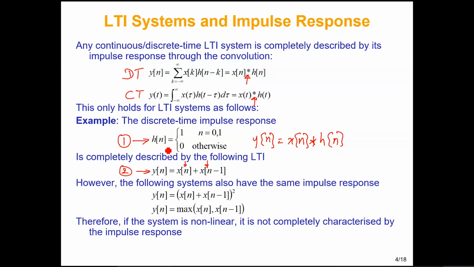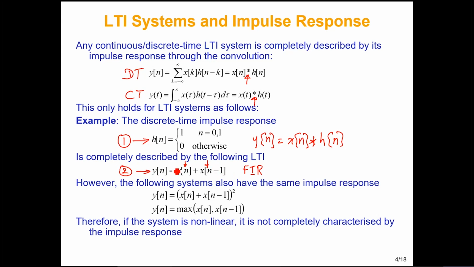These two are one and the same thing, because from here we can reach here just by replacing x of n with delta n. If the input is delta n, the output would be h of n. So we saw how easily we can get the impulse response from the difference equation, provided that we have an FIR.